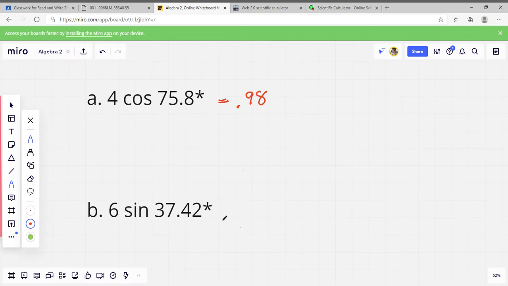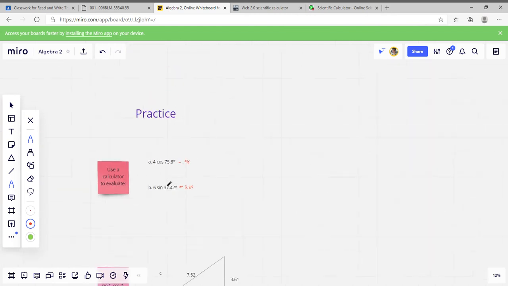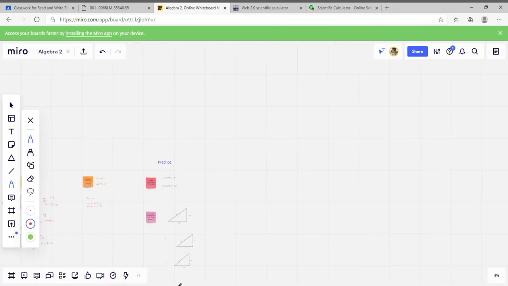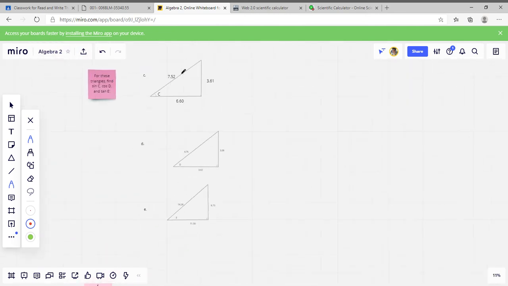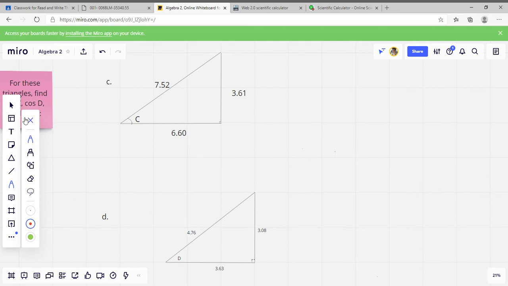So 3.65, and that's the correct answer for those two. So be careful: if you have an algebra calculator, it will do those algebraic functions for you. But if you don't, then you have to do the cosine first.